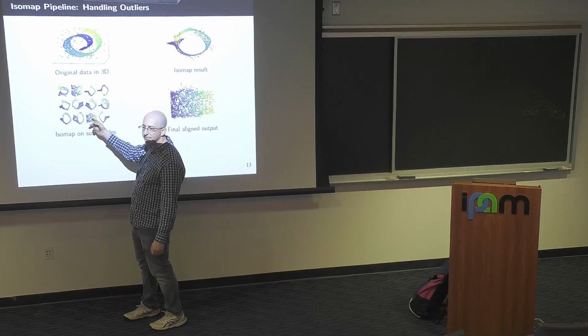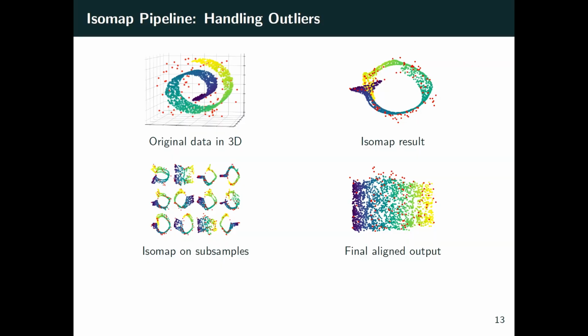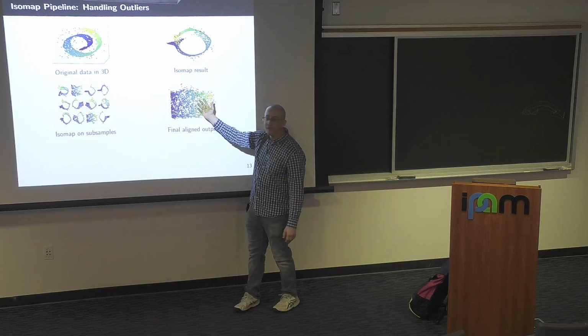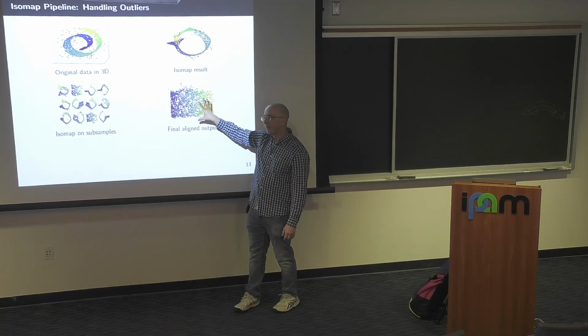But some of them don't. If I just do isomap on this, I get this. But if I identify the ones that look like this, simply by looking at their persistent homology or by looking at how they distribute or cluster in Wasserstein space, then I can average those ones and get something that looks like this, even though I had all this noise.